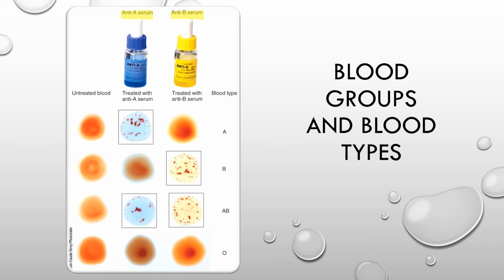Here we just have this column of untreated blood. In this column, we have blood that is treated with the anti-A serum. Now, one drop of blood is mixed with the anti-A serum, which contains those anti-A antibodies that will agglutinate with the red blood cells that possess A antigens.